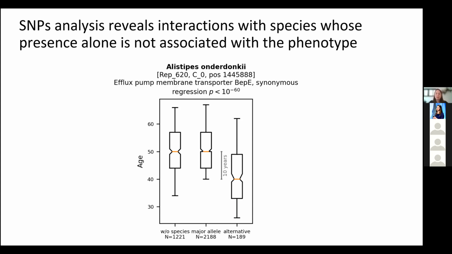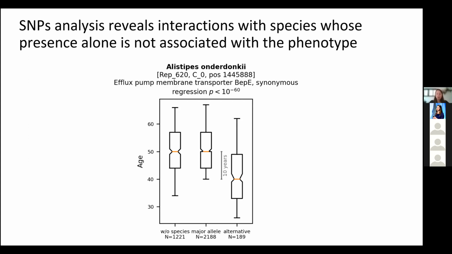The middle box shows the distribution of ages for people who had the major allele. And you see that there's an average 10 years difference between people with the different bacterial alleles. And then on the left, you see the distribution of ages in people that did not have this species in their microbiome, or at least it wasn't detectable in their microbiome.